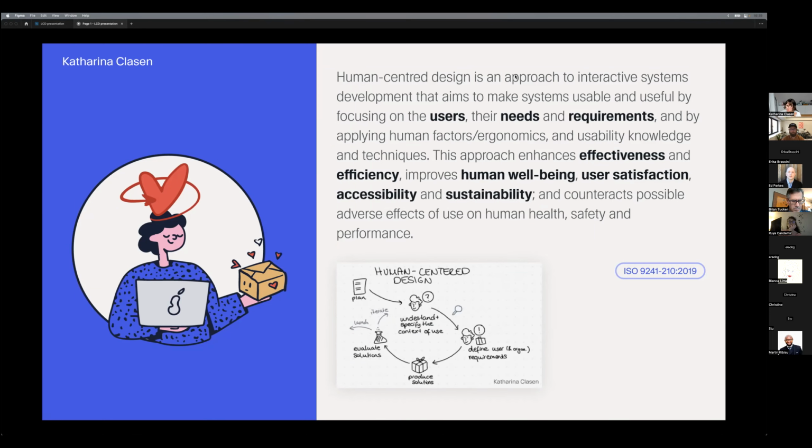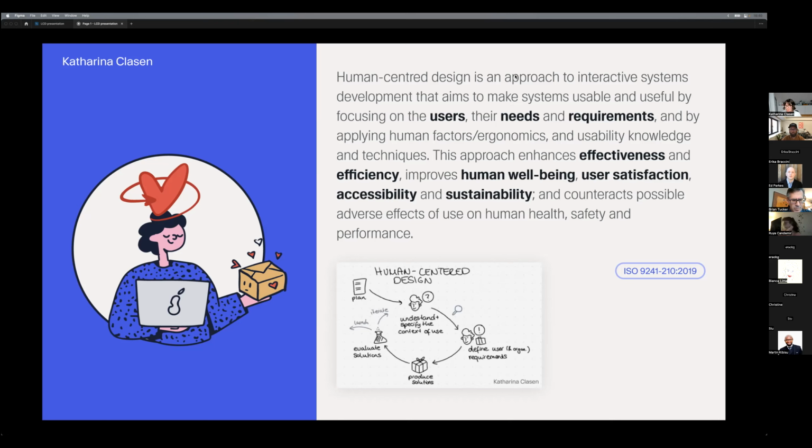And as a little side note, side information, maybe you know that, before it was called user-centered design. You might have heard that term as well. Some use it interchangeably, but there was already a transition from user-centered design to human-centered design, in the sense that we renamed it to make sure that people understand that design is not only about the primary users, but we need to include more in our consideration.